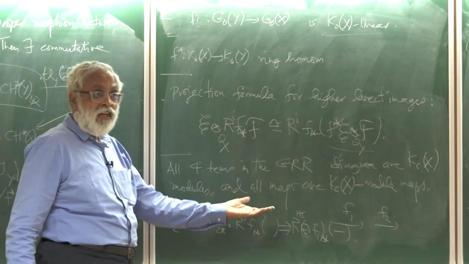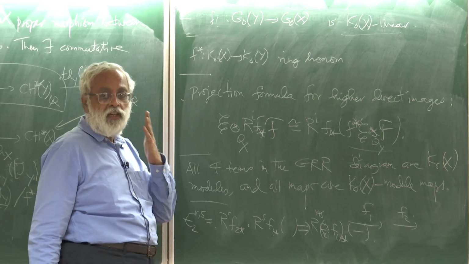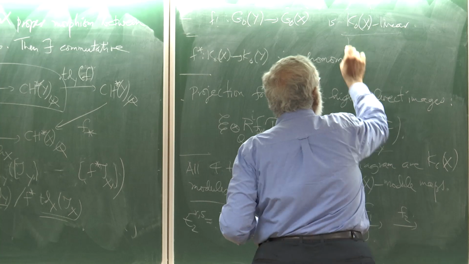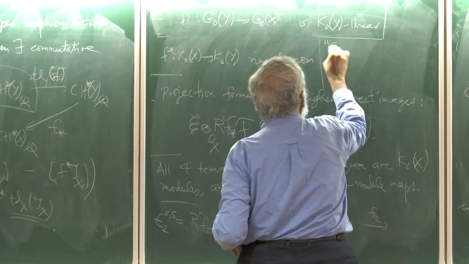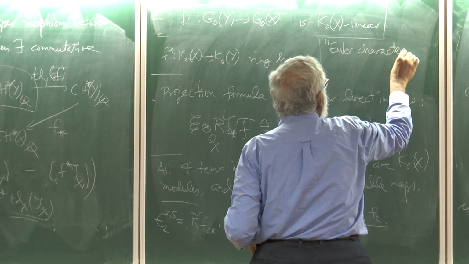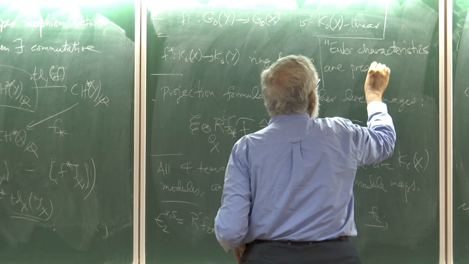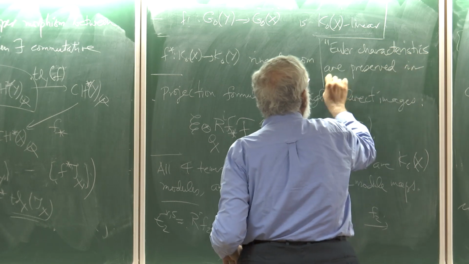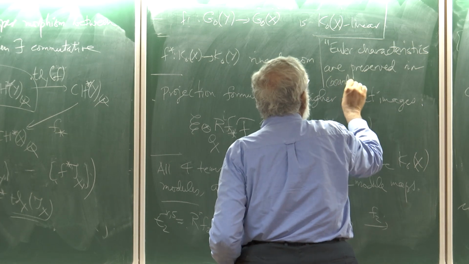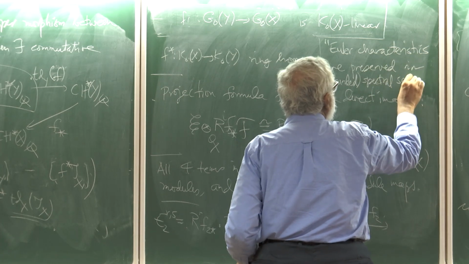All of these have only finitely many non-zero terms, and so you have Euler characteristics, and there's a general assertion that Euler characteristics are preserved in spectral sequences. So let me just write that down, and you say bounded spectral sequences.